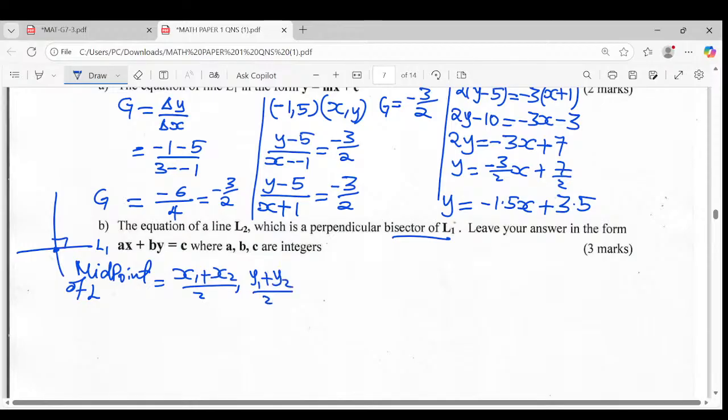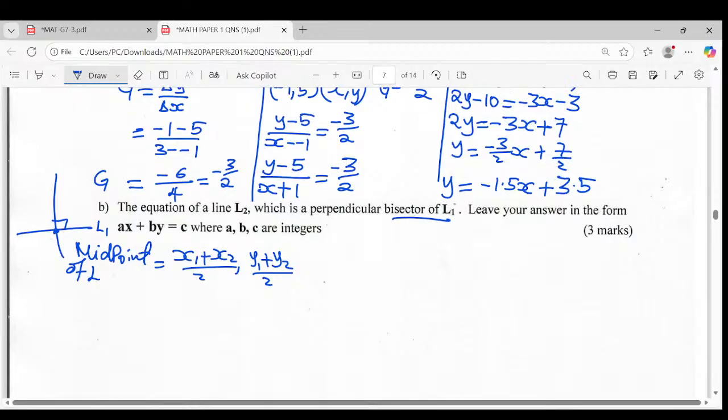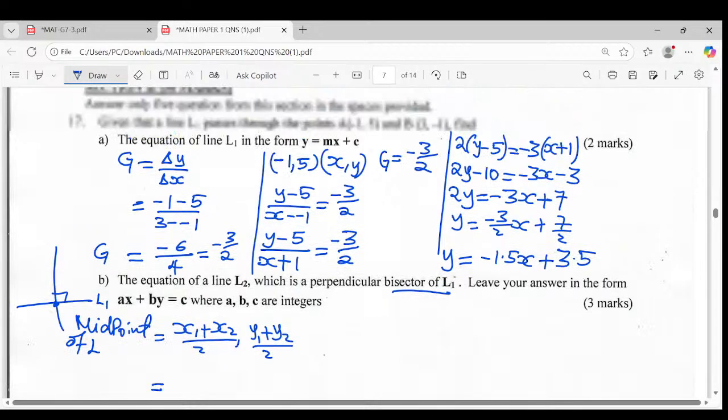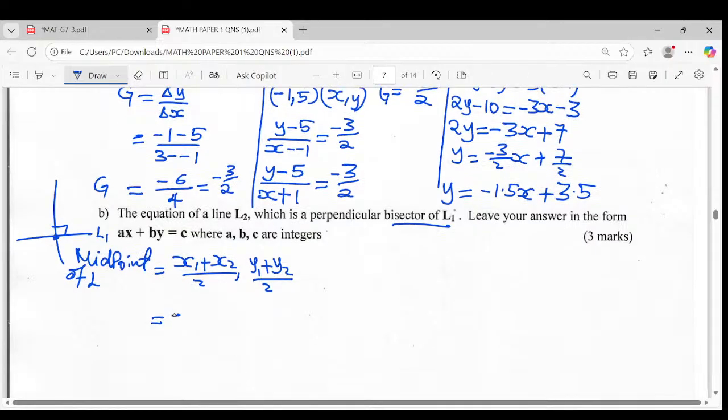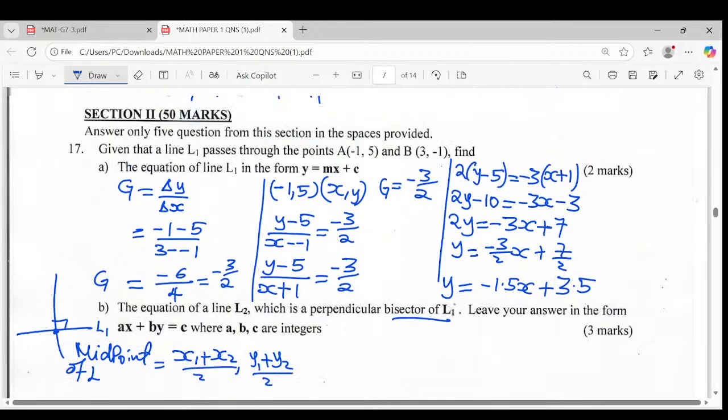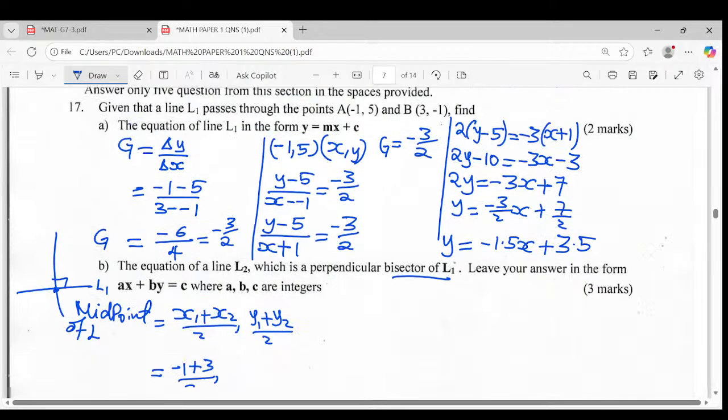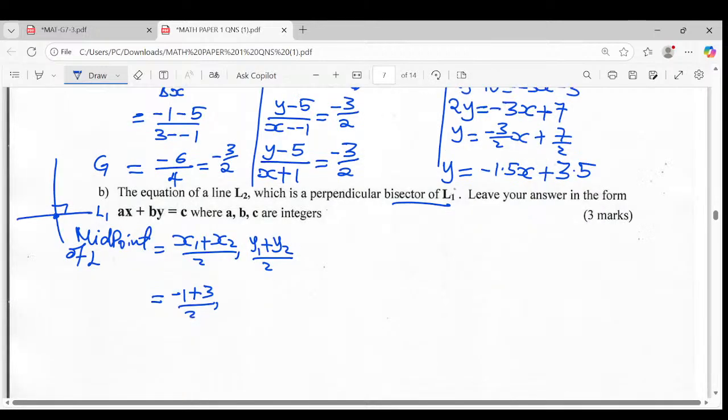That is the formula for getting the midpoint. So we are going to have -1 plus 3 divided by 2, then 5 plus -1 divided by 2.